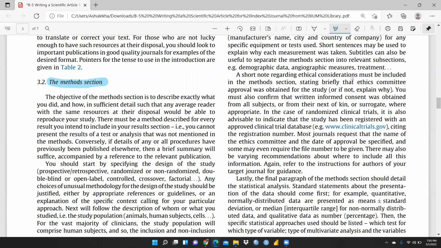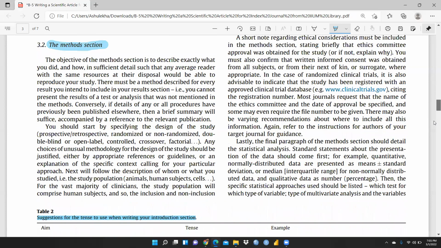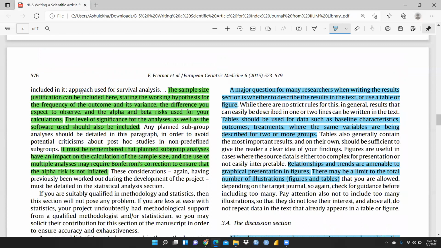In the method section, we can write our sample size justification, which would be the frequency of the outcome and its variance, the difference you expect to observe, and the alpha and beta risk used for your calculation, like type 1 and type 2 errors. The level of significance for the analysis as well as the software used should also be included.